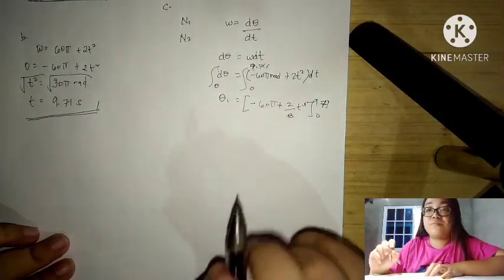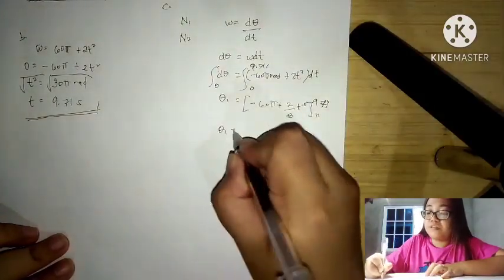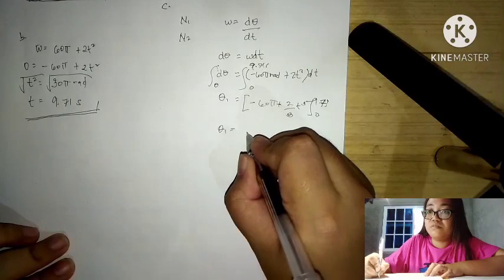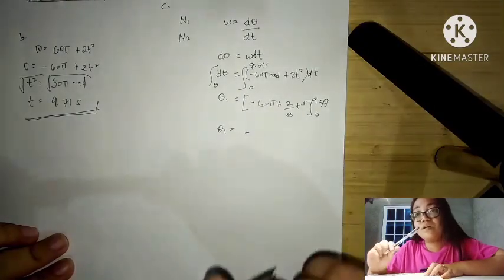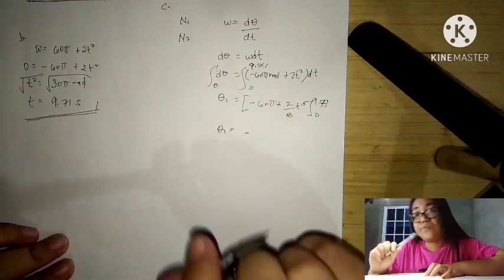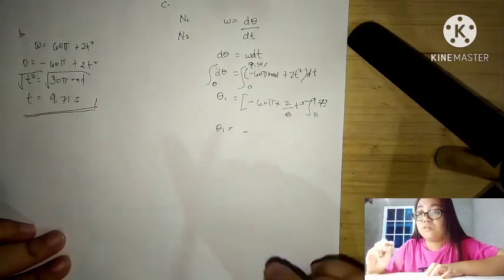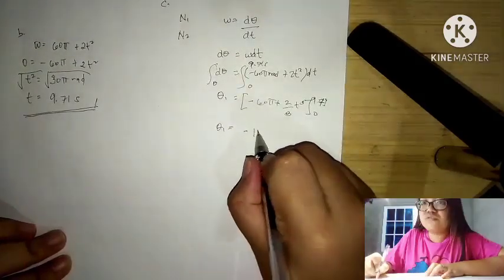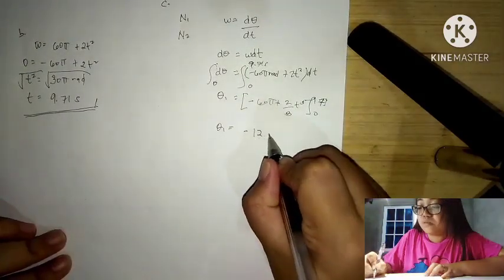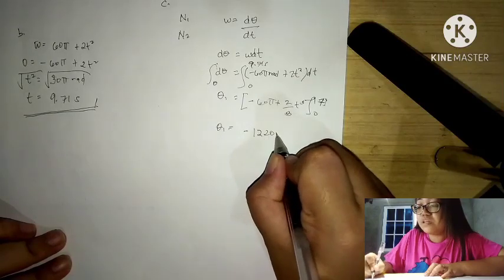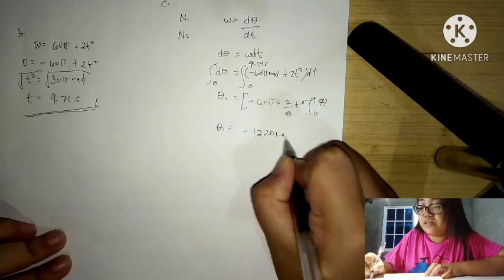Yung sagot, theta sub 1 is equal to negative 1,220 rad.